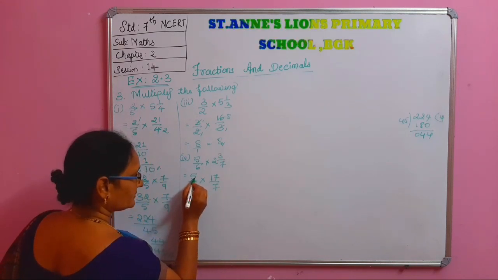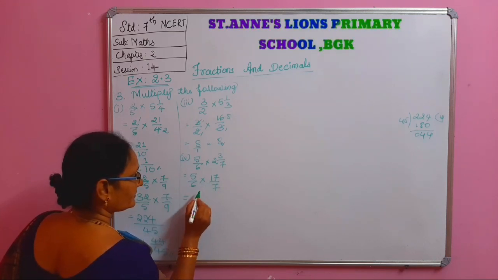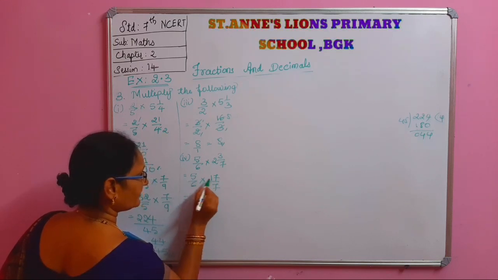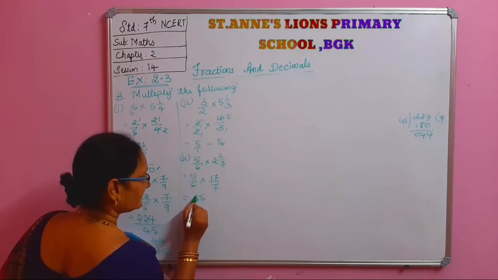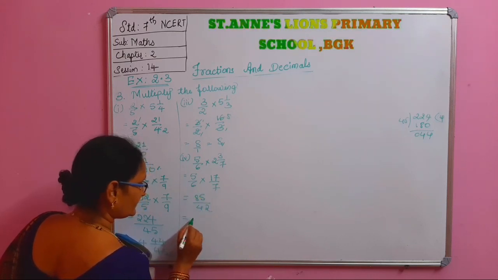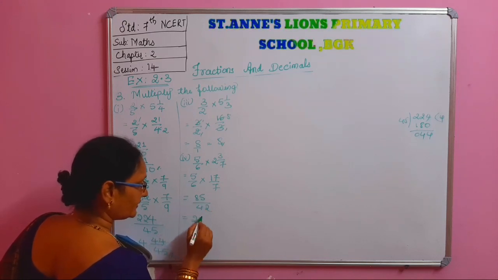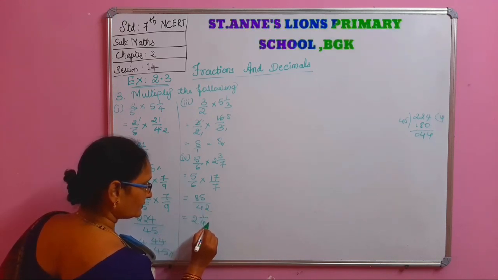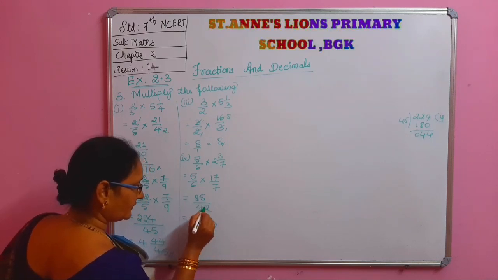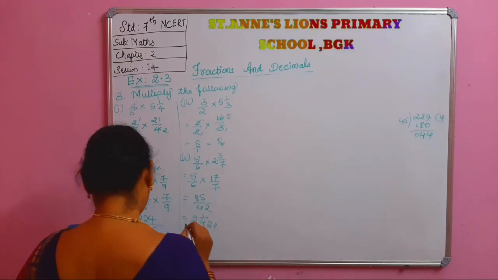No. Then 17 fives are 85. 6 sevens are 42. See now, here 2 integer, 42 twos are 84, here 1 remained. So 84 plus 1, 85 by 42. 2 integer 1 by 42 will be the answer.